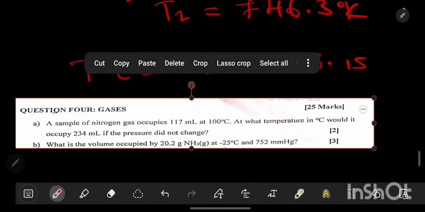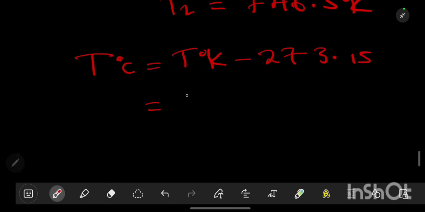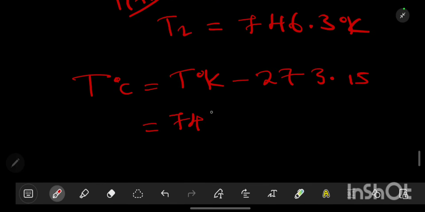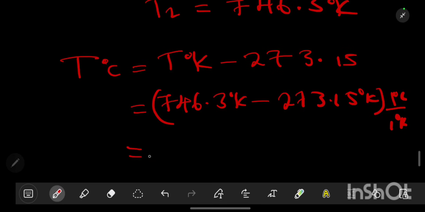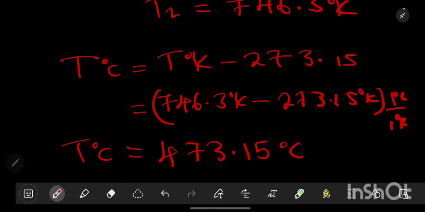So we subtract: 746.3 kelvins minus 273.15, with 1 degree Celsius over 1 Kelvin. This gives us a value of 473.15 degrees Celsius. This is the temperature required.